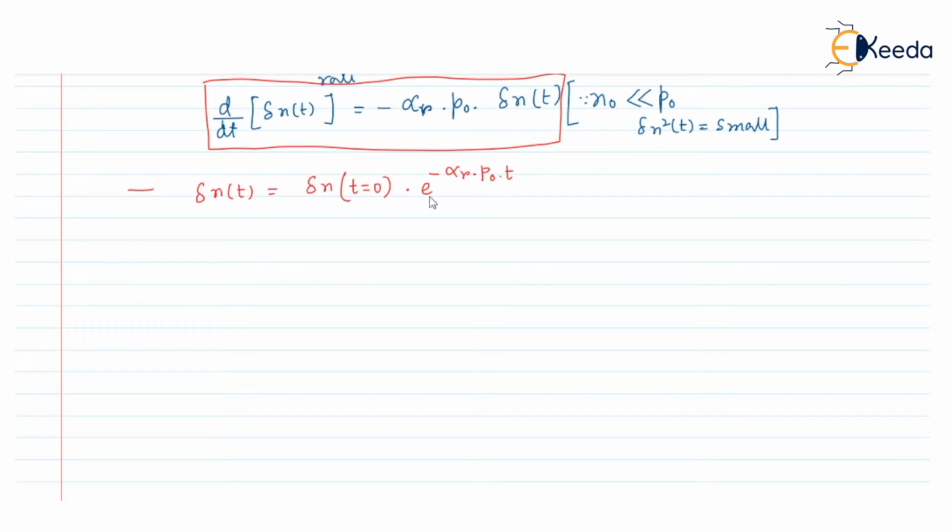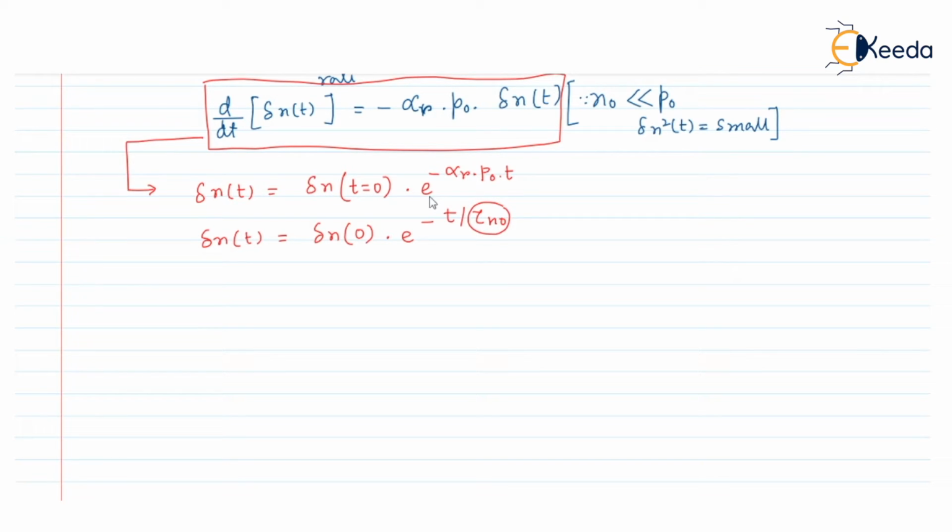So this is the solution of this first order differential equation. From this equation, we can write that δn(t) is equal to δn(0), where δn(0) means δn at t equals 0, times e to the power minus t by τn0.